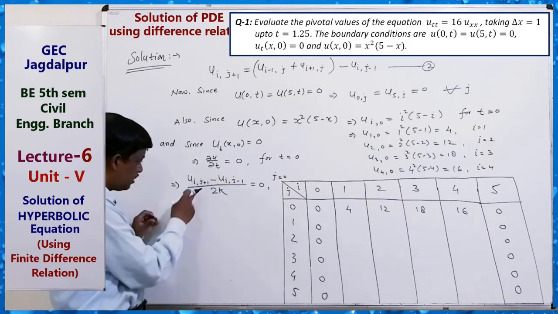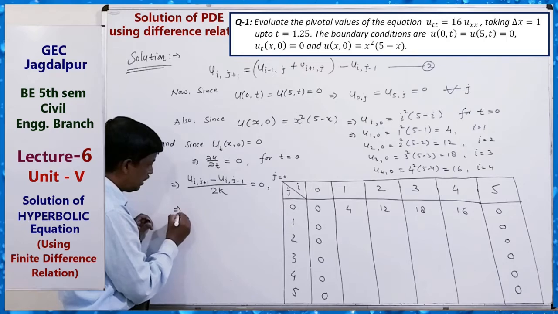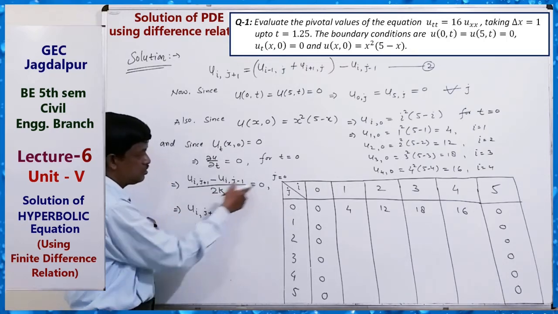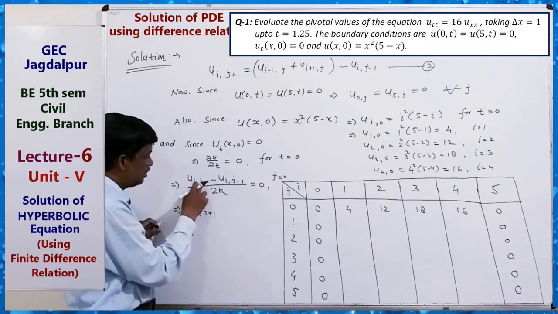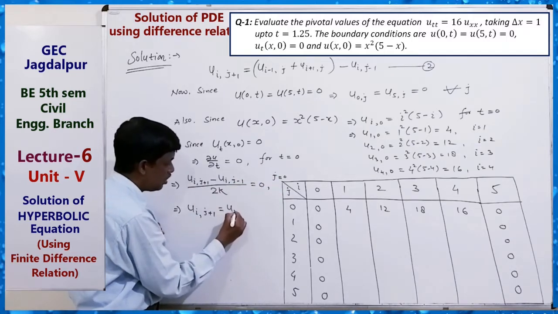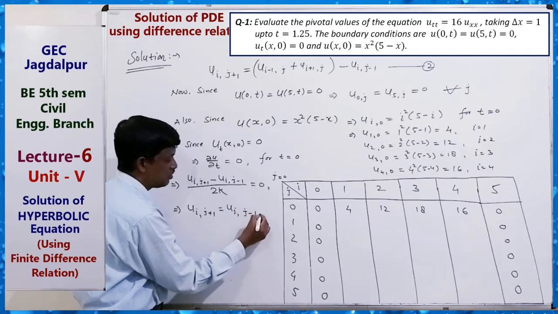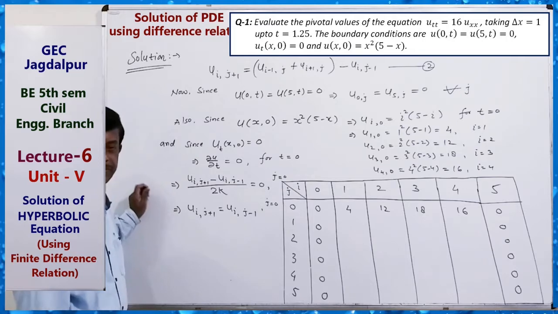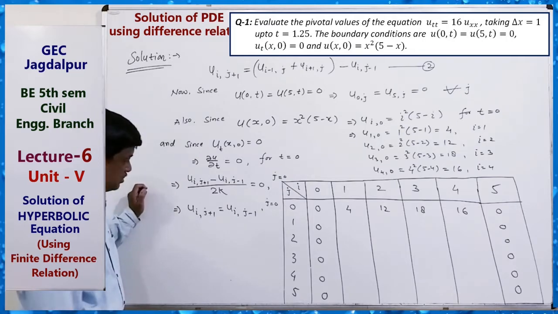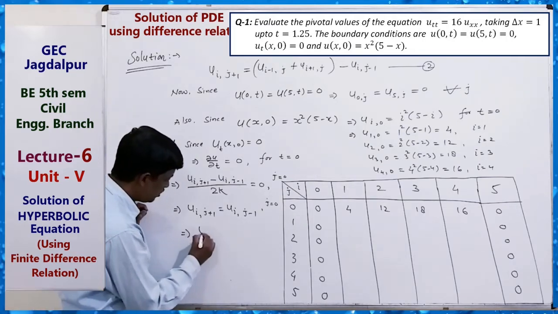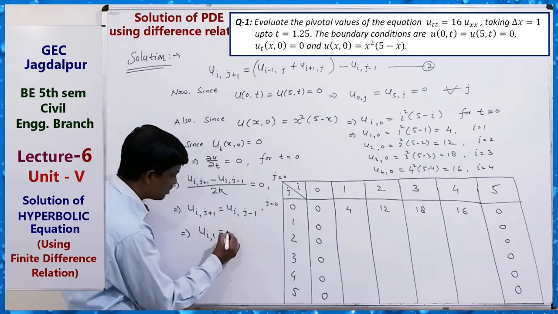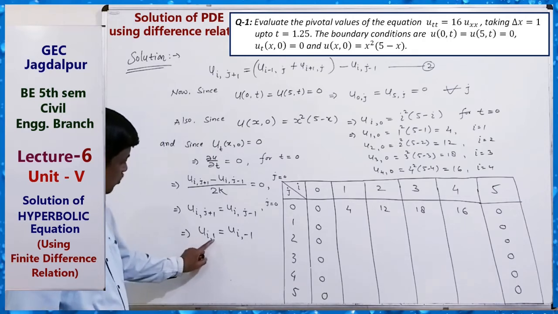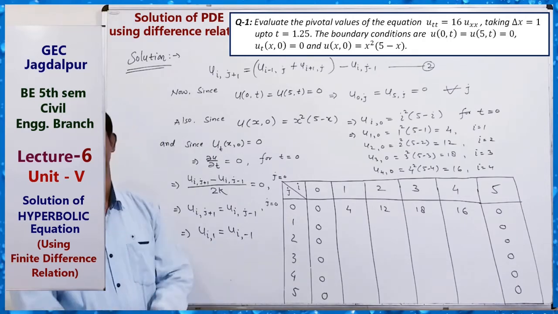So from here, we can see that u I, j plus 1 equals u I, j minus 1 for j equals 0. Okay, so j equals 0 means what? U I 1 equals u I minus 1.